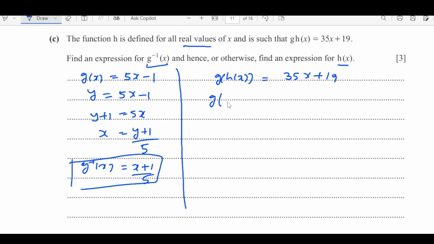I am just replacing x in g with h(x). As our g(x) is 5x minus 1, this x is now h(x). So that's what it means. Let me just drop this one.